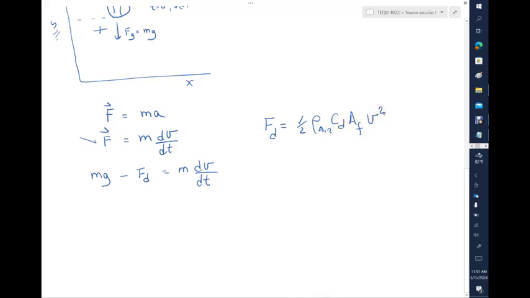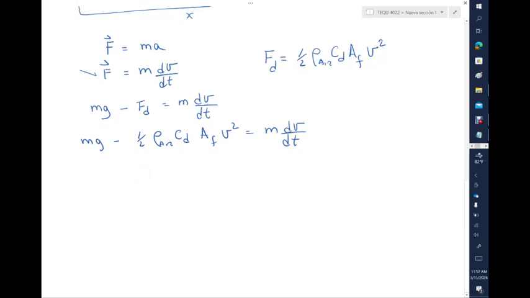If we substitute that here, we end up with mg minus 1/2 rho of air times the coefficient of drag times the frontal area times the speed squared equals m times the change of v with respect to time. That's perfect. What we're going to do now is divide by m, everybody.